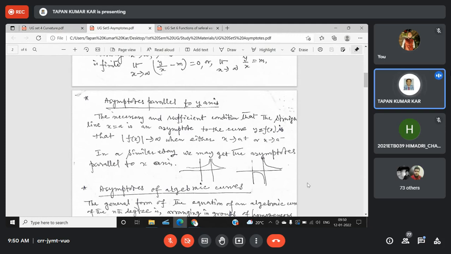Similarly, you can get the asymptotes parallel to x-axis when y tends to b plus or y tends to b minus, and if your curve is x equal to fy, then fy tends to infinity. Later I will give some examples, when it will be clear to you.